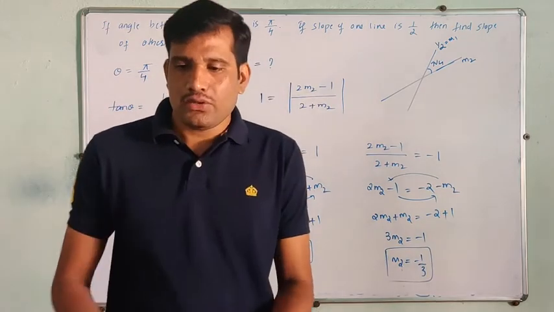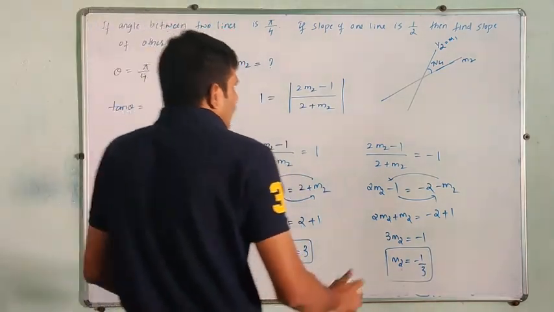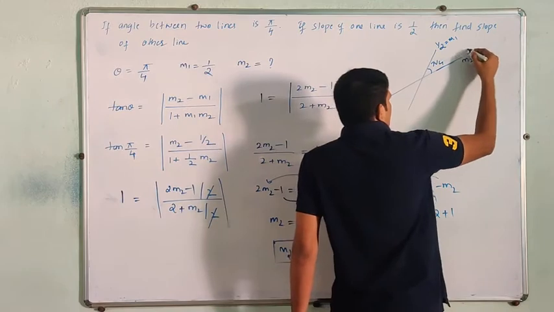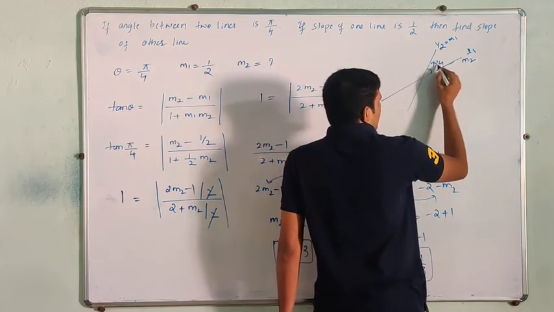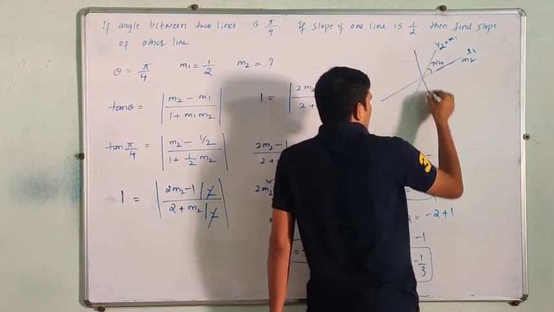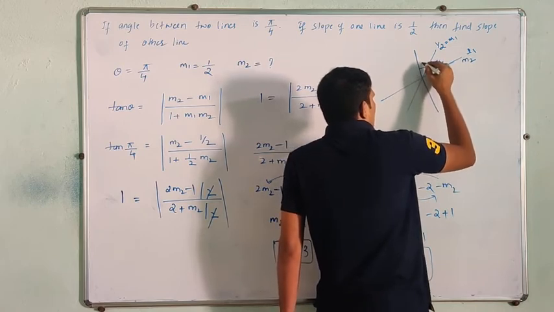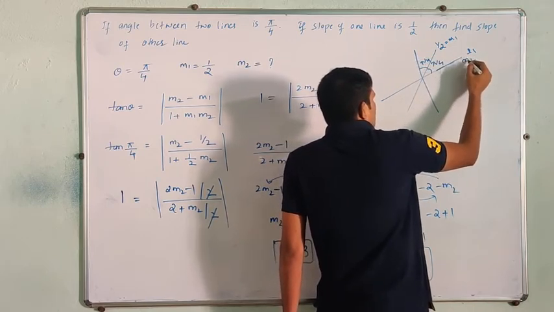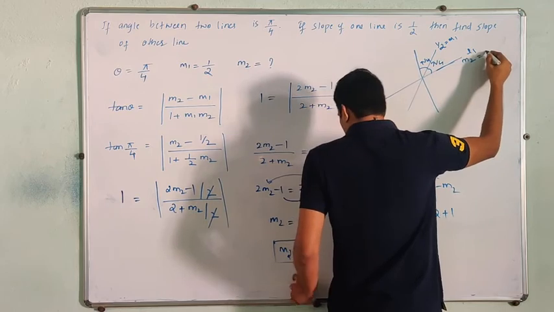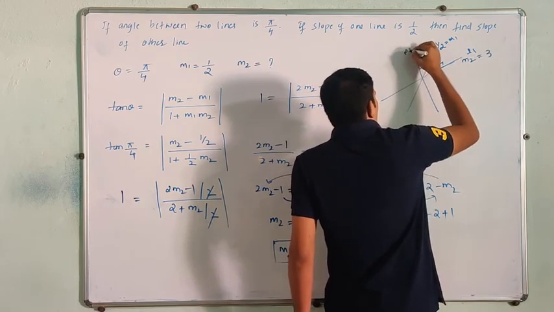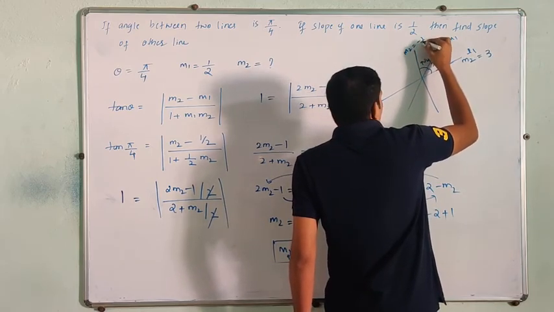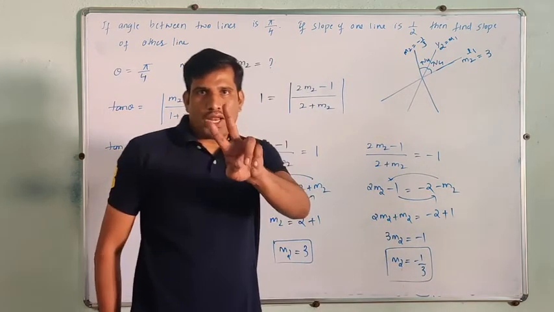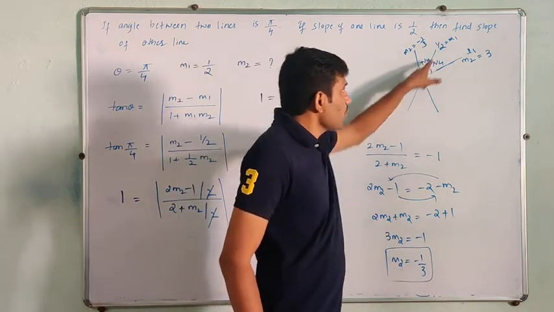See students, we are getting two slopes, so that we have two lines. One line, let us say this is one line which makes an angle pi by 4 with the given line, and there is one more line like this. So again this angle is also pi by 4. So this line is m2, this value can be 3 and this value can be minus 1 by 3. Is it clear friends? We have two lines which make an angle pi by 4 with the given line.